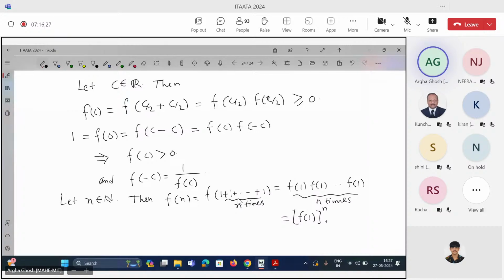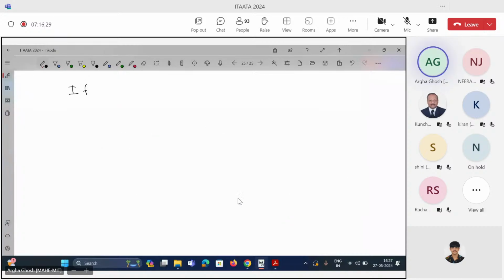So if n belongs to the negative integers, then n equals minus k for some positive integer k.